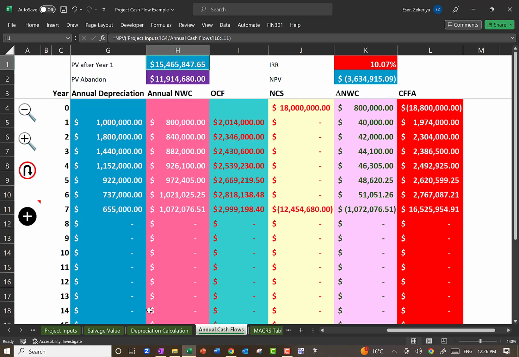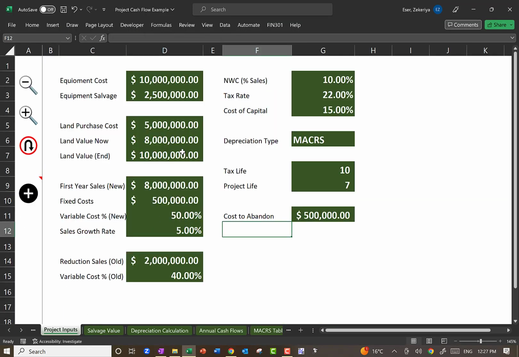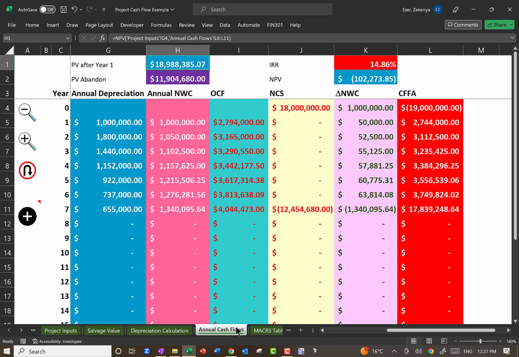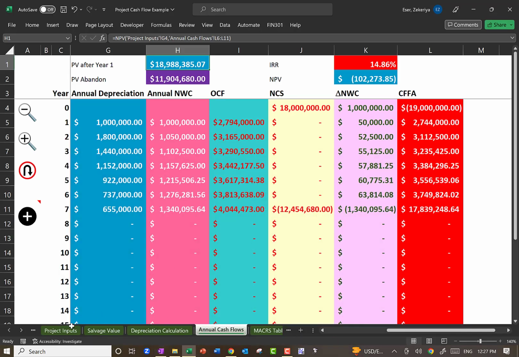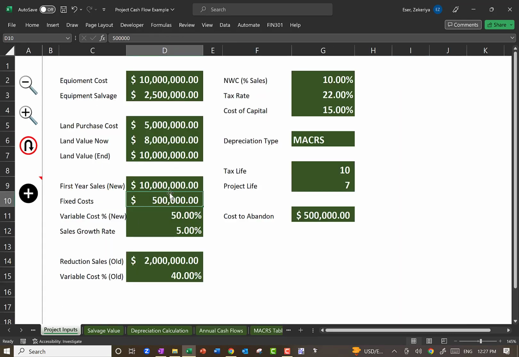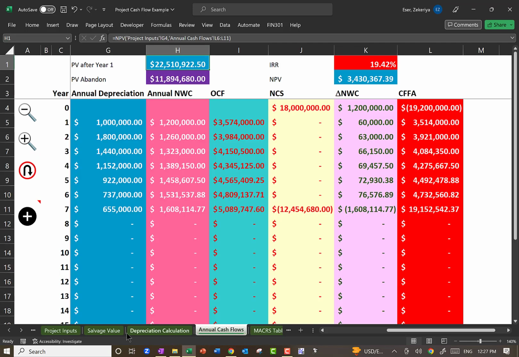At $10 million, $18,988. And at $12 million, $22,510.